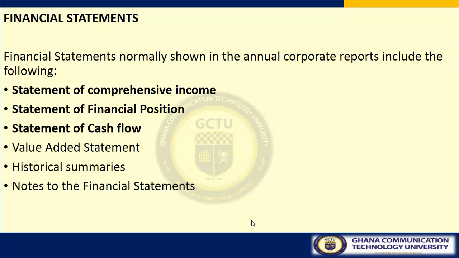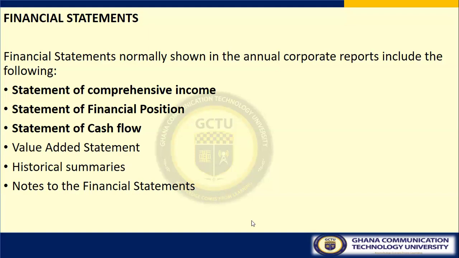That's the income statement. In other words, we can call it the profit and loss account. Sometimes you don't see it written as the income statement, you see it written as P&L account. It means the same thing. Then the statement of financial position, that is the balance sheet.